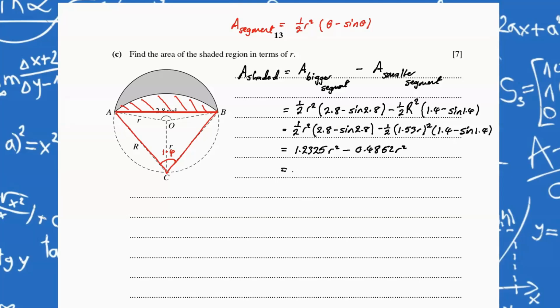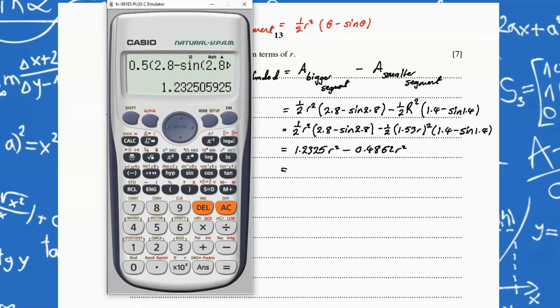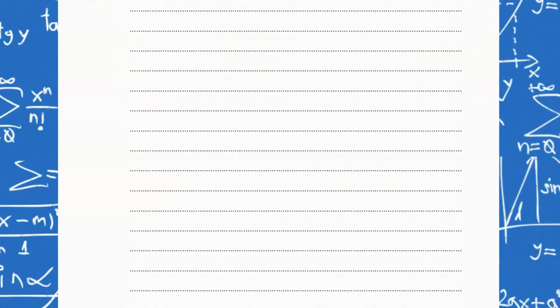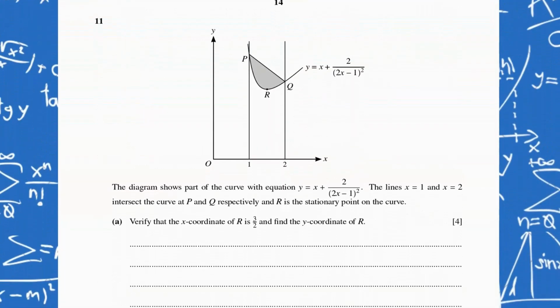So we're going to subtract the 2 and we get, to 3 significant figures, 0.747 r squared. So this here is the area of the shaded region, and that's how we do it right here. We need to move on to the very last question, which is number 11.